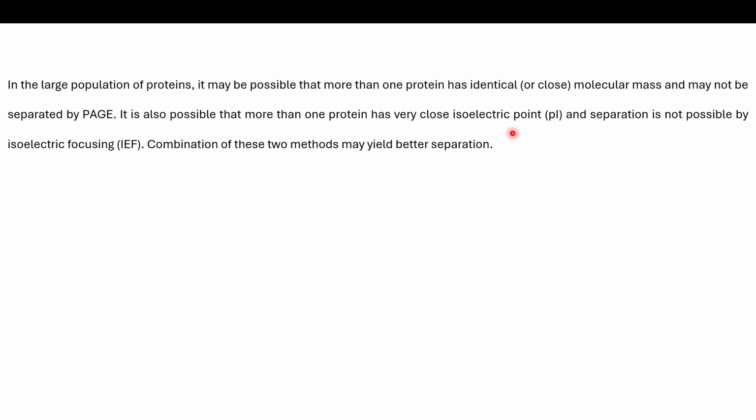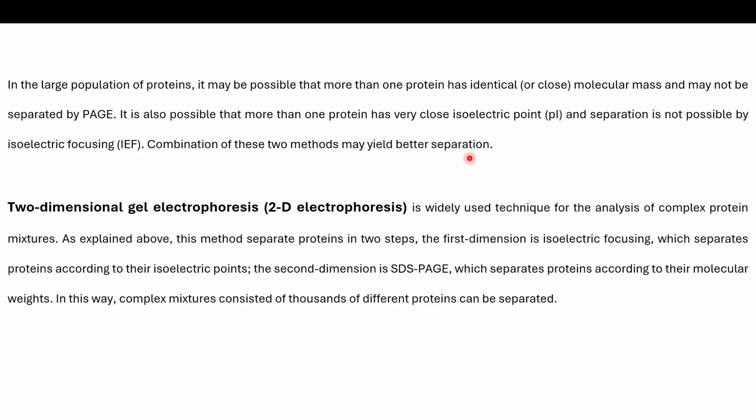Individually, it does have charged moieties, but the overall net charge on the amino acid or the overall protein is zero, so it does not really move in an electric field. Okay. And so it is possible that more than one protein has very close isoelectric point and separation is not really possible by isoelectric focusing alone. So many times combining these two methods can yield better separation.